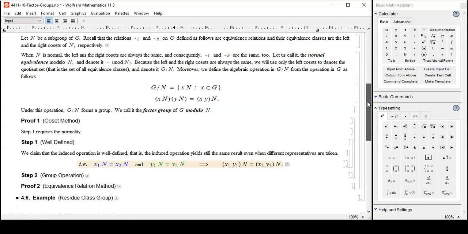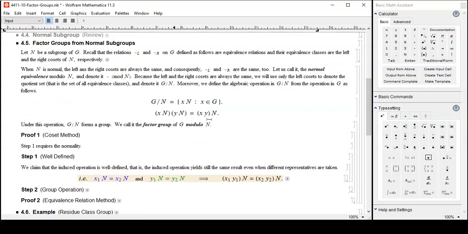And what property can we use? We can use the property that N is normal.